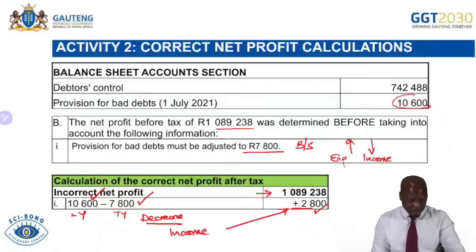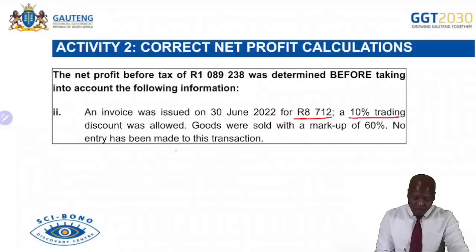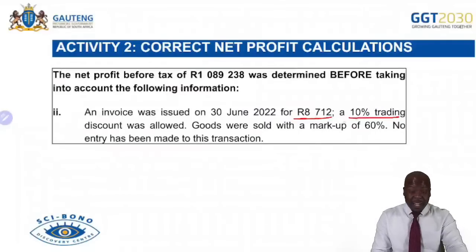Let's go. The next adjustment reads, an invoice was issued on 30 June for 8,712. A 10% trading discount was allowed. So that means this amount that I have, which is 8,712, is after discount.